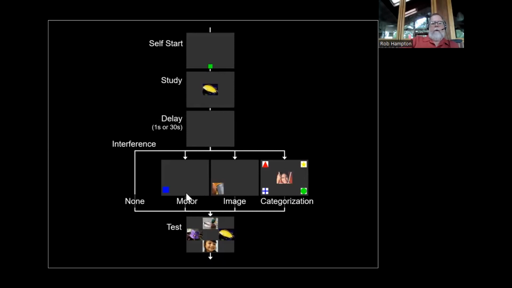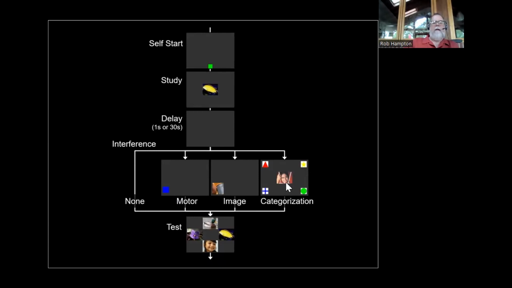So one of four things could happen in a delay period. Monkey might, this is all with monkeys, nothing would happen. It's like a standard match to sample. They would see a blue square that appeared in one of the four corners. All the animal has to do is touch that image. So it's engaged in the motor task that it's going to do in the next two tasks. A third option is it would see a picture appear randomly in one of the four corners. That picture is kind of interesting maybe to the monkey, but all it has to do is touch it. And in the most demanding concurrent cognitive load, the animal sees a categorization task.